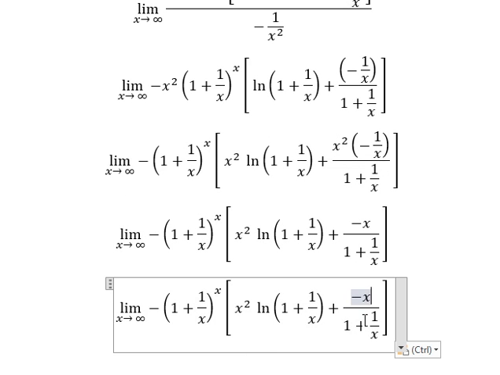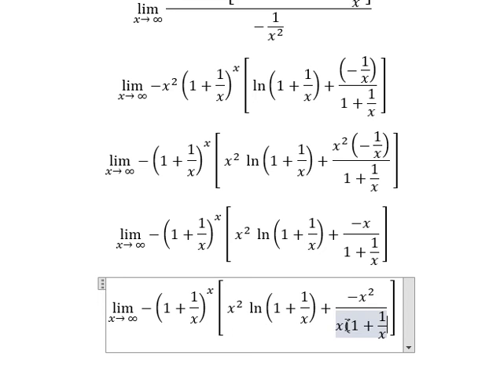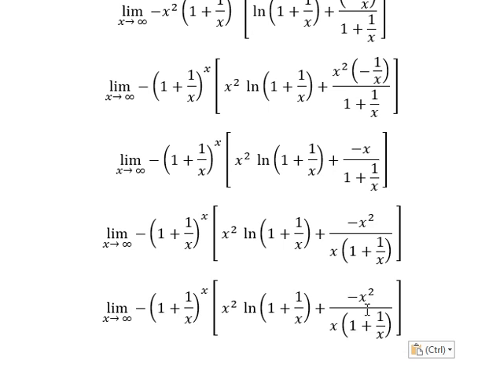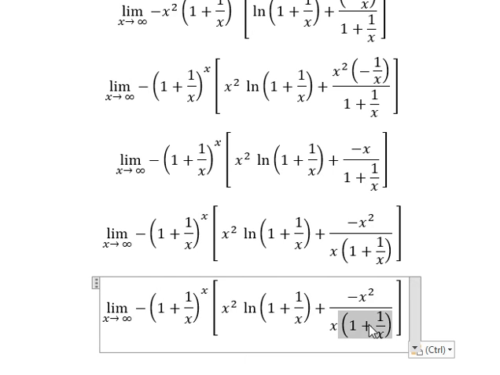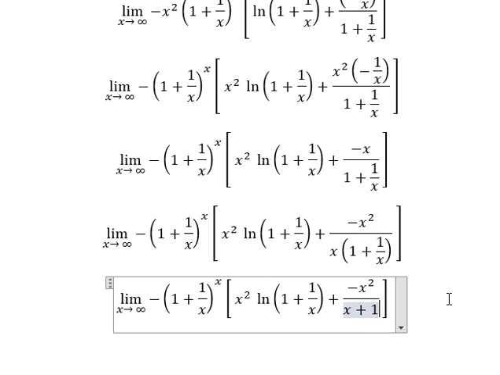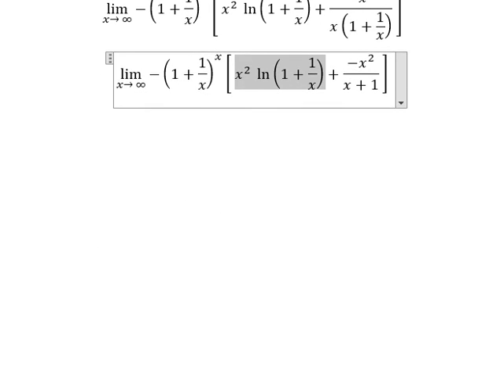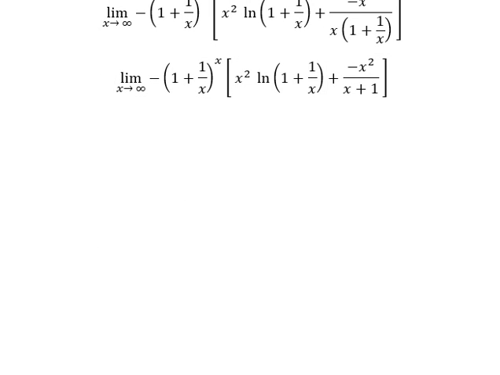Next, we multiply s on numerator and denominator. So this one we have s plus number 1. Now in this situation we can put like this.